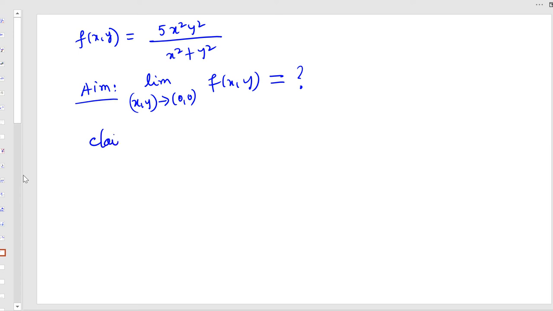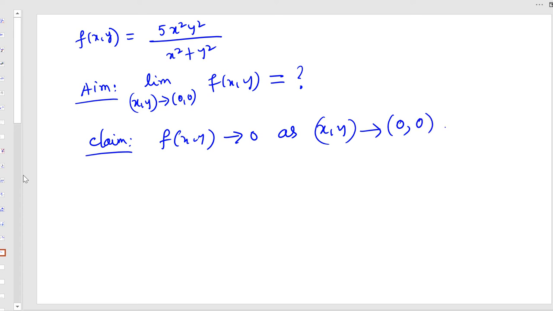Okay, the claim is f of x, y goes to 0 as x, y approaches 0, 0.